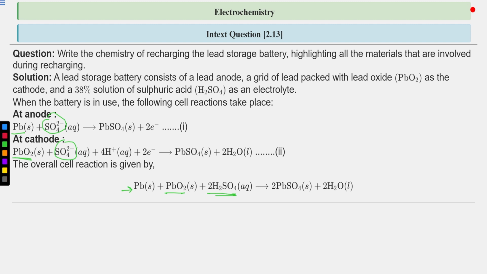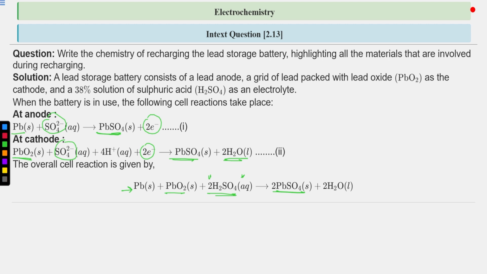And we are getting PbSO4, PbSO4. So 2 PbSO4 plus 2 molecules of water. This electron will get cancelled out because one is present at the left hand side and one is present at the right hand side. Okay, so why are we taking H2SO4 as common?